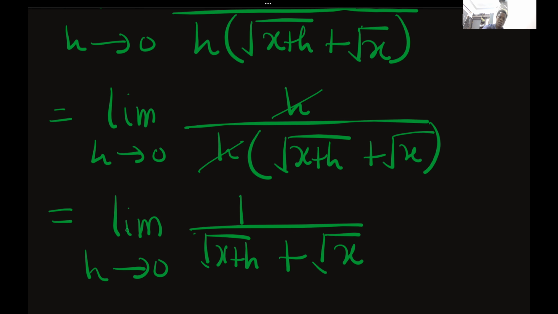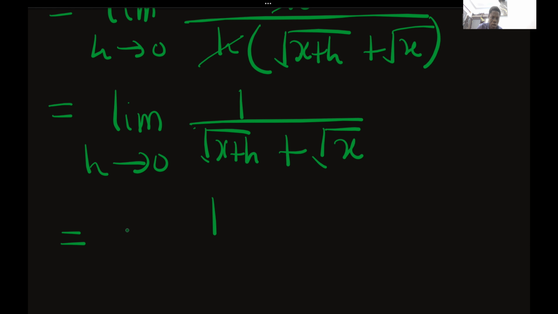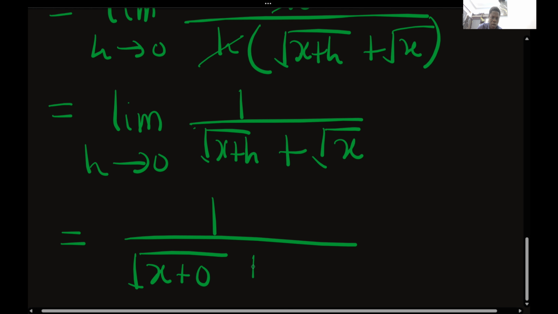So now we can substitute the value of h into the simplified function. We are going to get 1 here in the numerator. So we have the square root of x plus 0, representing the h, then plus the square root of x.